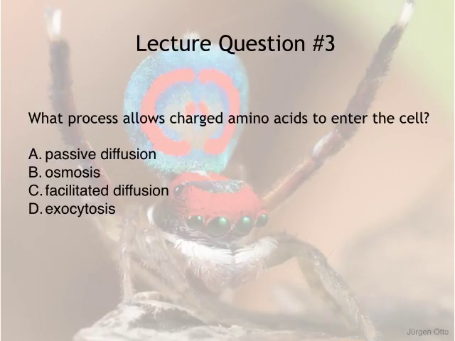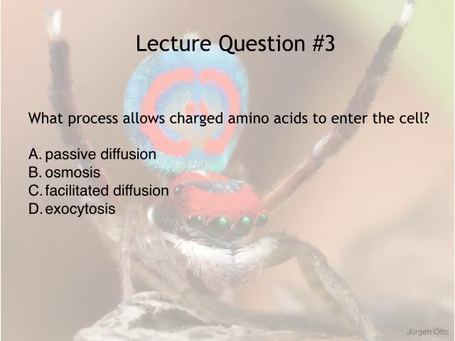And we're talking about amino acids, so you can cross off B. You can also cross out D, exocytosis, because exocytosis is talking about exporting something outside of the cell. So even if you had no idea what exocytosis is, you can know by the word exo that it's talking outside of the cell. So we're wanting to bring amino acids into the cell, so you can cross out D. And you're left with A and C.